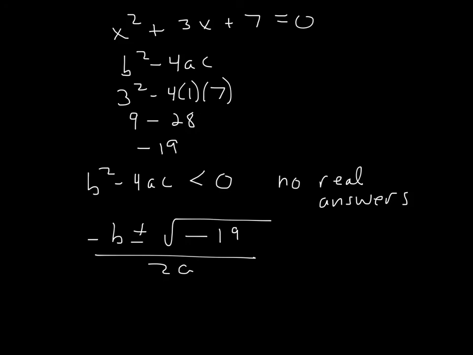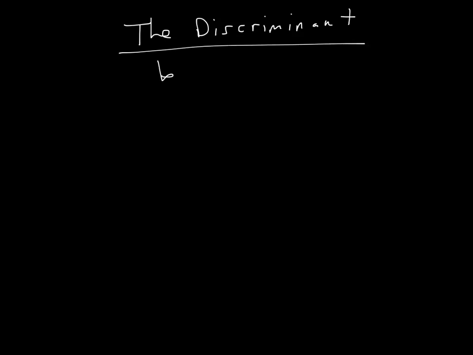Let's summarize that. So one more time, the discriminant is b squared minus 4ac. That is the discriminant. And the rule is, if b squared minus 4ac is greater than 0, you have two real answers.